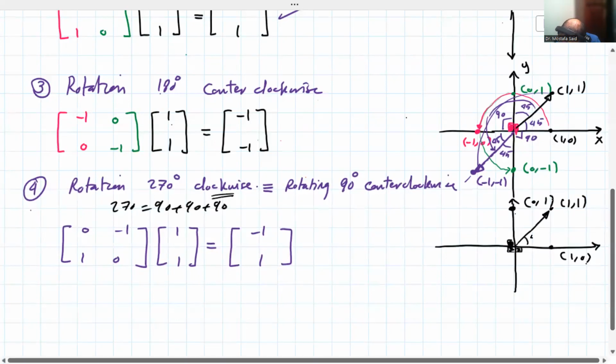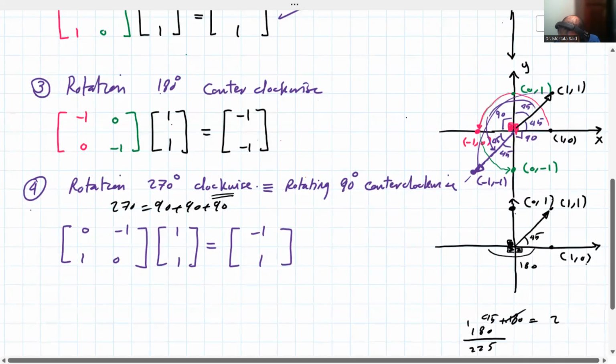So that's a 45. Then 180. So 45 plus 180 is 225.